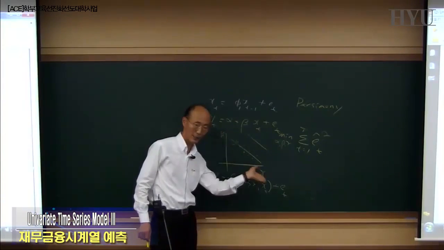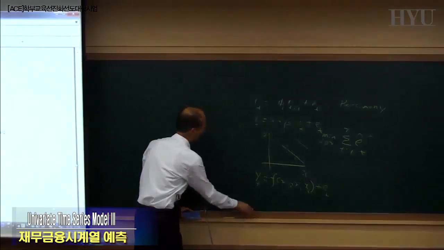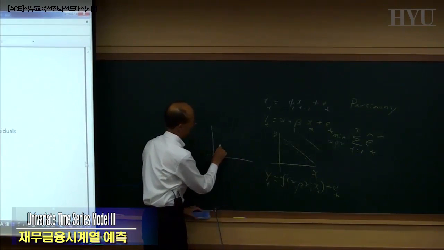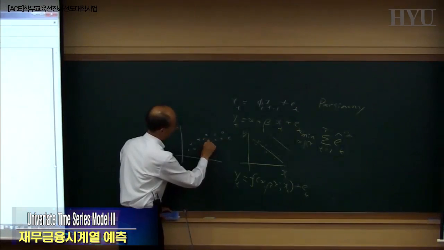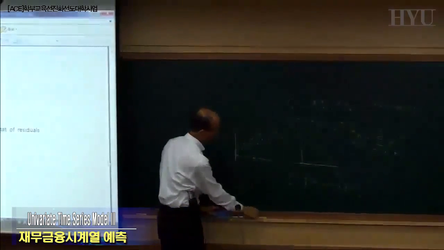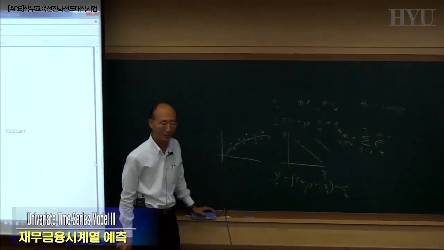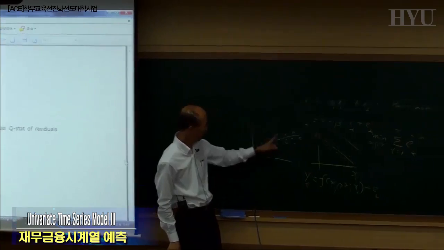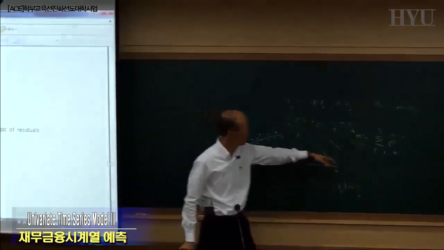That will give you this line. Even if your problem looks more like this, finding this curve, it's the same thing. The residual can be computed, so you can minimize this.